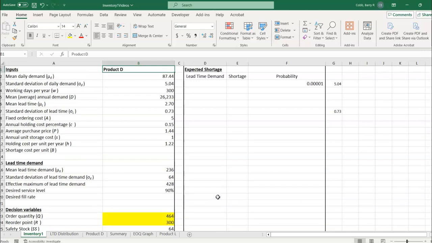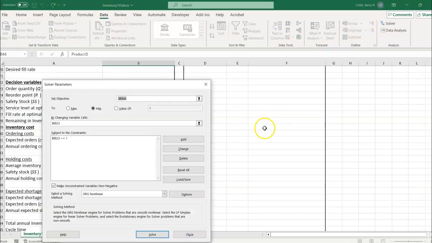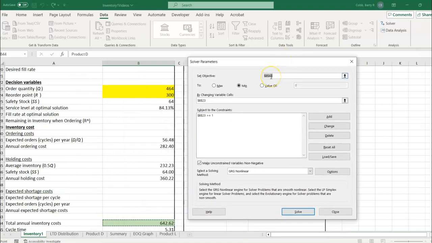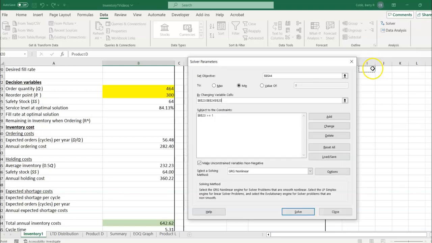Now what we need to do is modify Solver so that it chooses both the order quantity and the reorder point. So if we pull up Solver, we've got to make a few changes. We've got the same objective, but now what we need to do is have two changing cells. And we want to choose this reorder point so we achieve the desired service level.